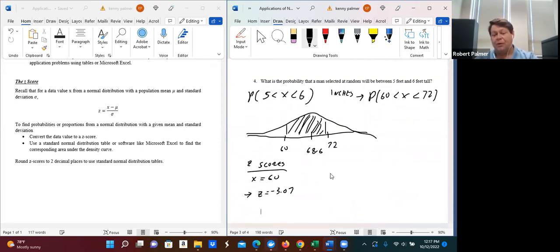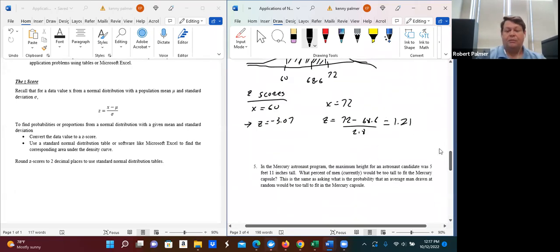And now for the other one, for x equals 72, z is going to be 72 minus the mean of 68.6, divided by 2.8. That, to 2 decimal places, is going to be 1.21.